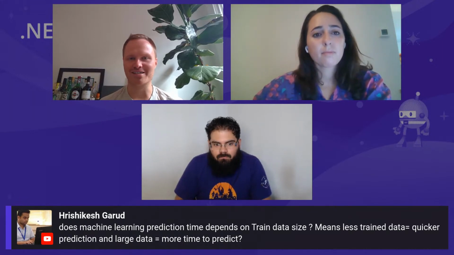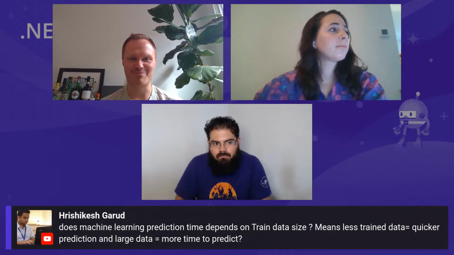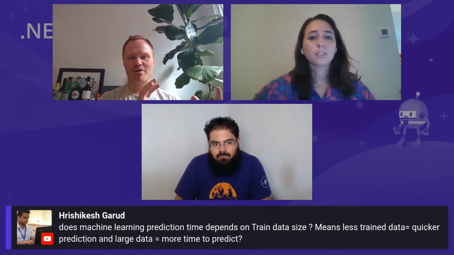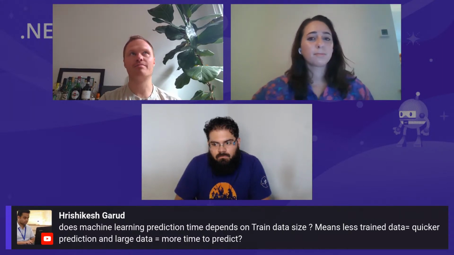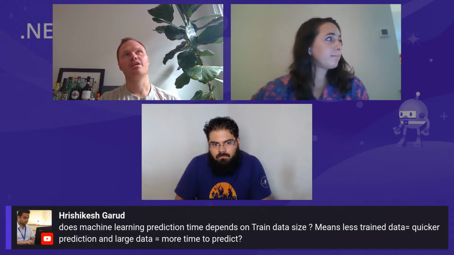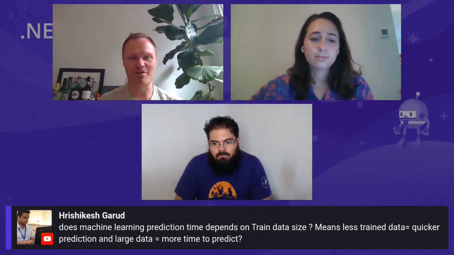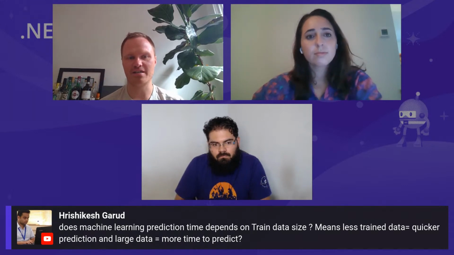That being said, I haven't done any of the performance analysis to know how much of the time is spinning up the process, loading the classes, loading the libraries versus actually doing the prediction. I don't know if it's going to be a significant time difference depending on that one variable of data size. But I feel like there is probably a correlation there.